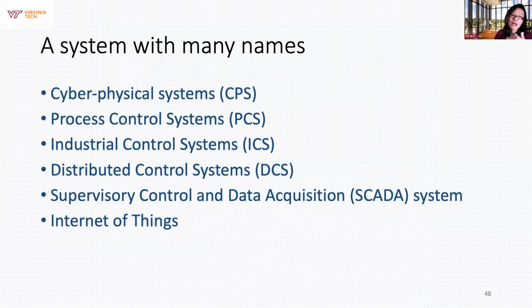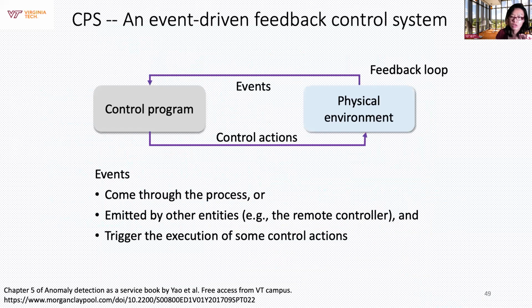In ICS, there are also other names, like SCADA, supervisory control and data acquisition. A lot of them essentially talk about how you have an IT component and a physical component. For example, you have a heater that has a control and circuit boards, but then there's also heating.